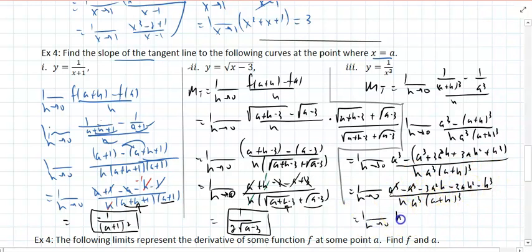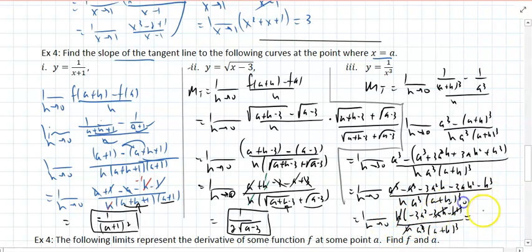If I factor an h out of this, I'll have negative 3a squared minus 3ah minus h squared. So remember, the goal is to get rid of one of the zeros, and once you do that, throw h equals 0 in.